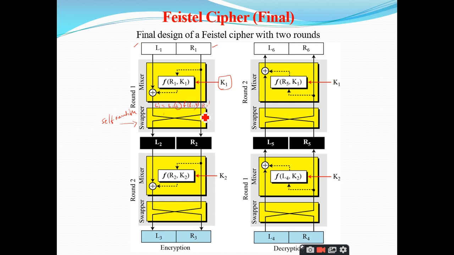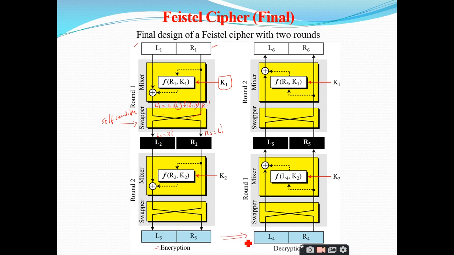This is R1 dash. So, he is just swapping it. Here L2 is equal to R1 dash and R2 becomes L1 dash. These are given as the inputs to the second round for the mixer, and again they are swapped to generate the encryption cipher which is L3 and R3.